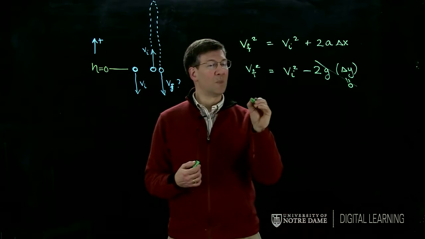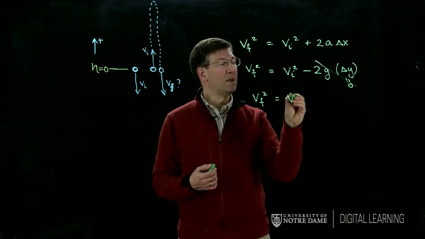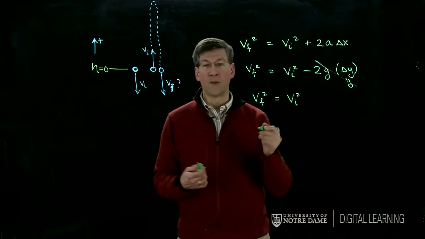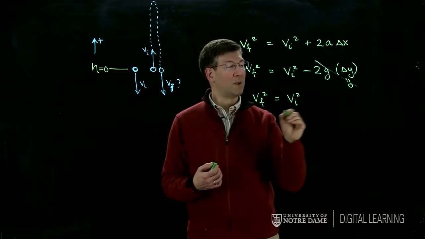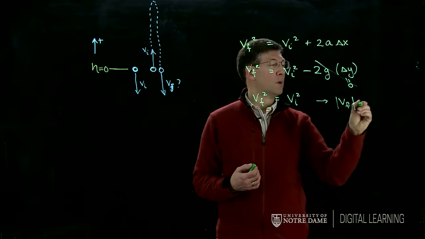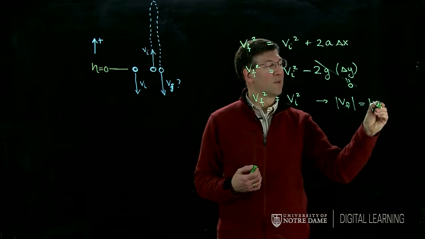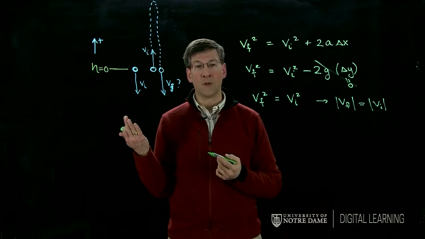And so what that tells me, sort of trivially, is that the final velocity squared is equal to the initial velocity squared if I don't go anywhere. This tells me that the magnitude of the final velocity is equal to the magnitude of the initial velocity. It doesn't tell me anything about the direction like the previous answer did.